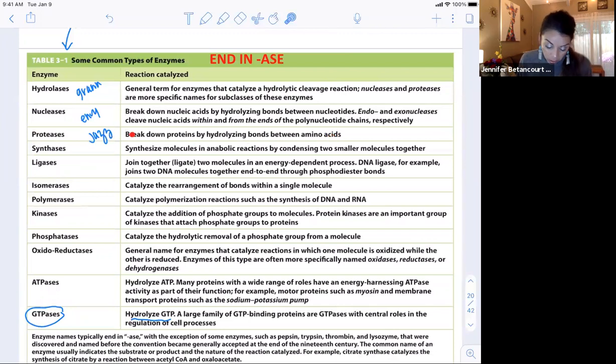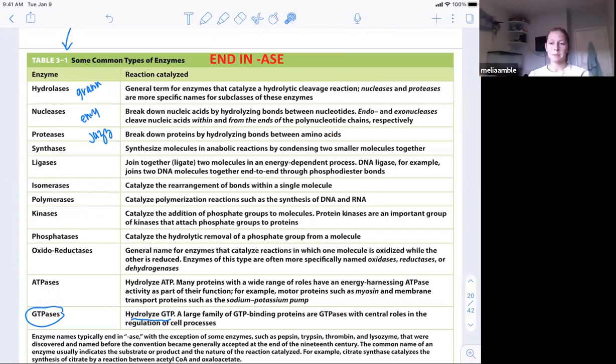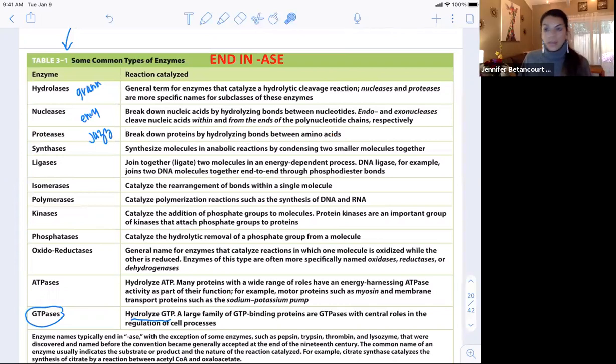So let's use this. If I gave you, oh, there is a dipeptide of, I don't know, arginine and lysine, okay? And this dipeptide was cleaved by an enzyme into its two individual monomers. What type of enzyme do you predict this is?